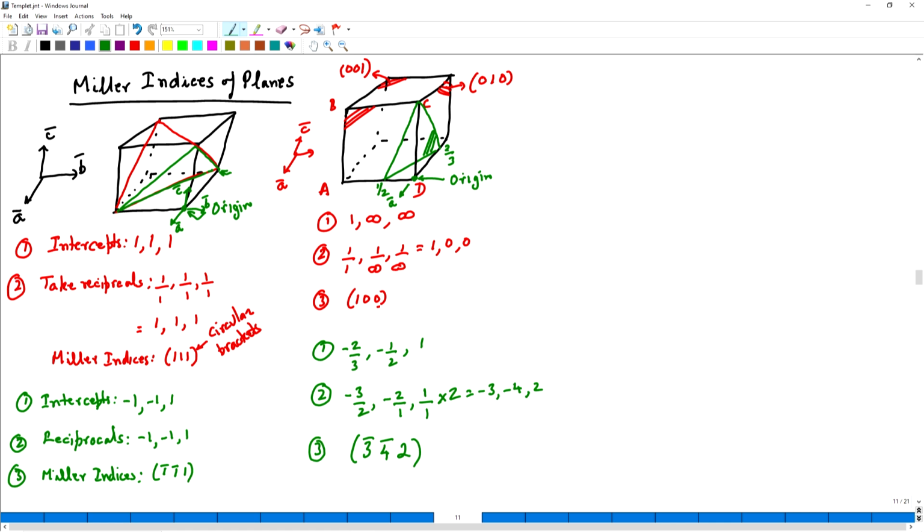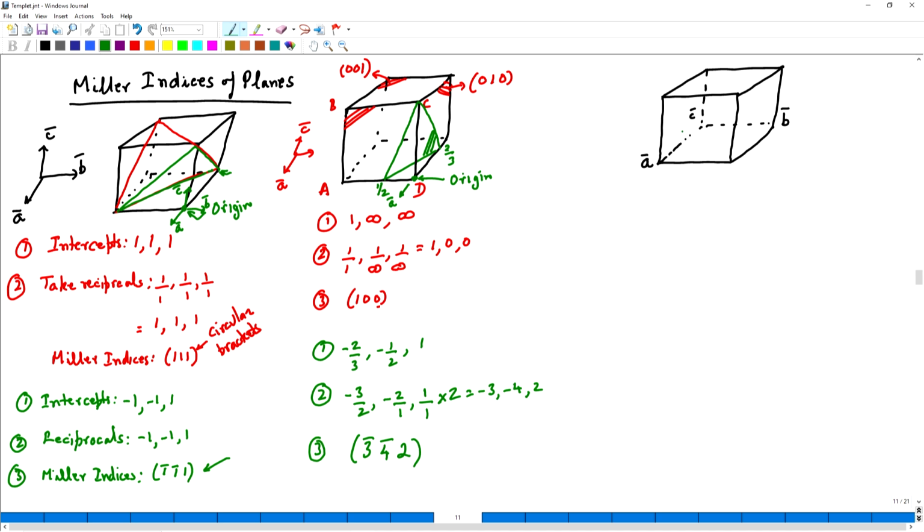Now, I will take just this one example that I had taken earlier. Let us take this particular plane that I have already taken.